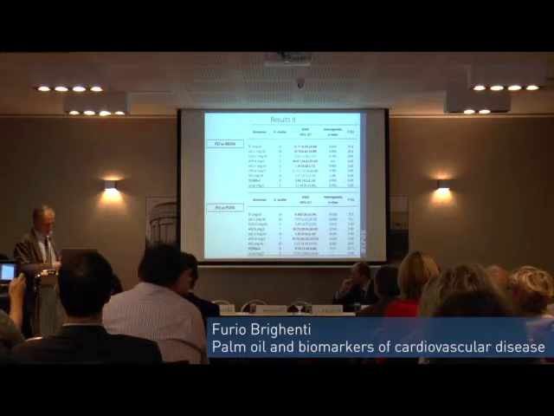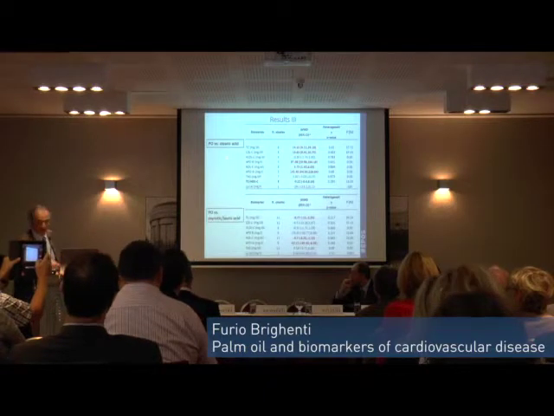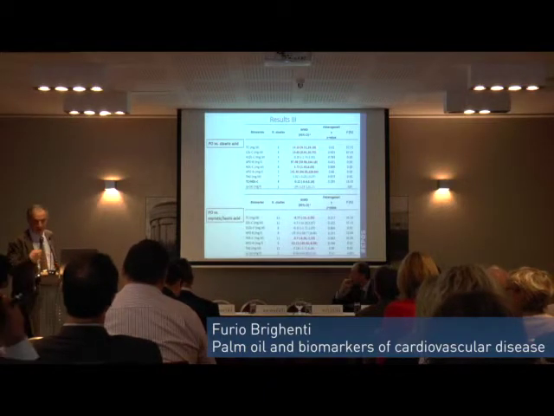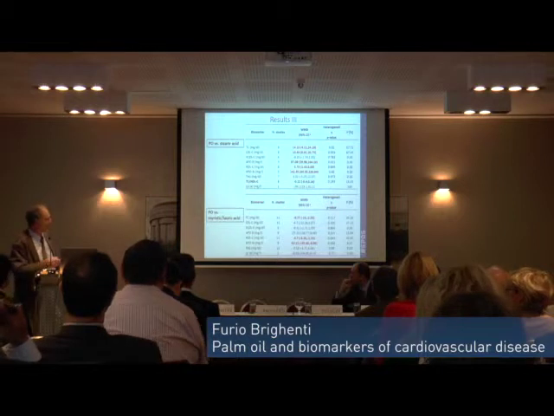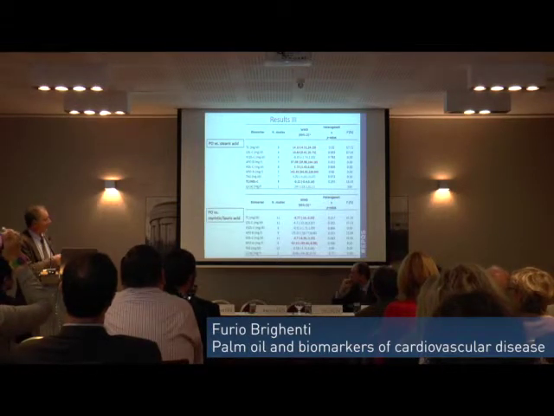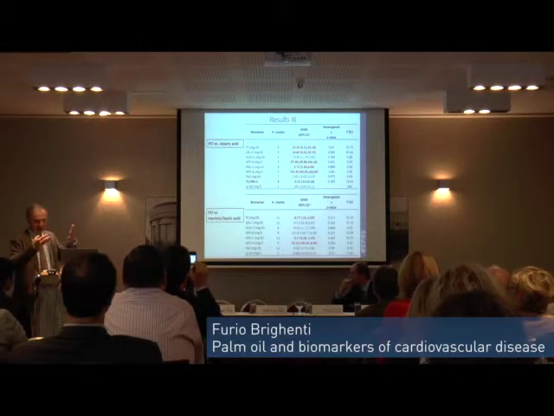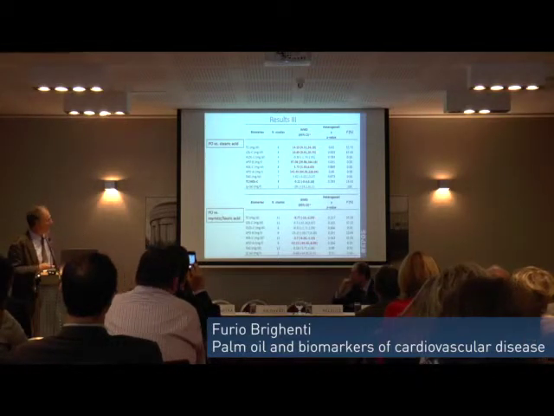Anyway, by the end we'll try to condense it with a take-home message. What about substitution versus stearic acid? When we use palm oil to substitute stearic acid fat sources, of course, we have again an increase in total cholesterol, LDL cholesterol, and ApoB, HDL cholesterol, ApoA1. So it's like a mixing of the two that we saw before.